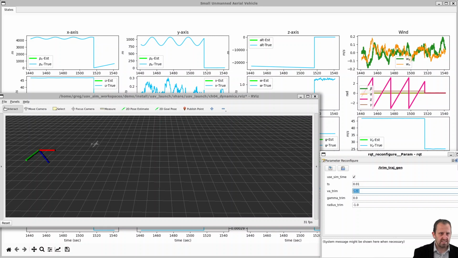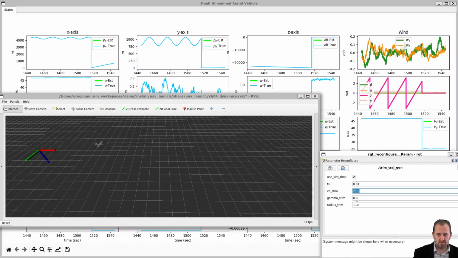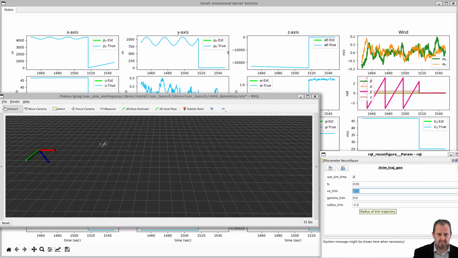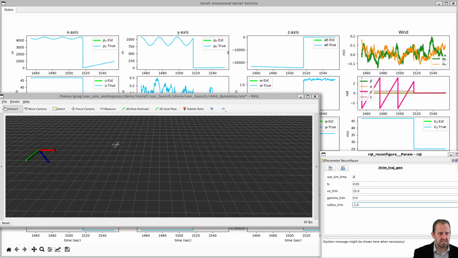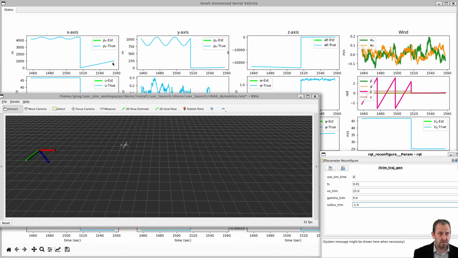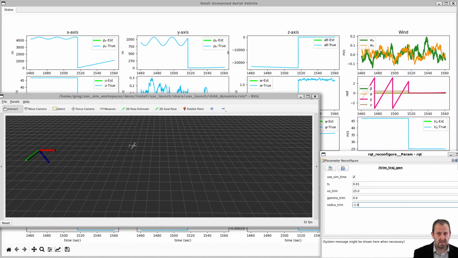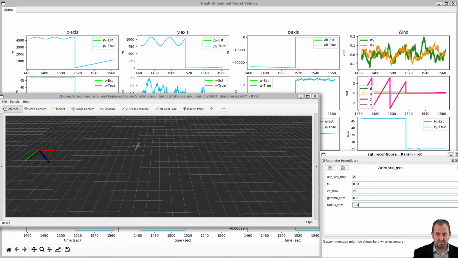Since gamma is equal to 0 and our radius is equal to infinity, which is what a negative number corresponds to, we're just traveling in a straight line, and we can see that it's fairly straight. We're going in that north direction. It's just increasing linearly with time, ideally at that slope of 25 meters a second.